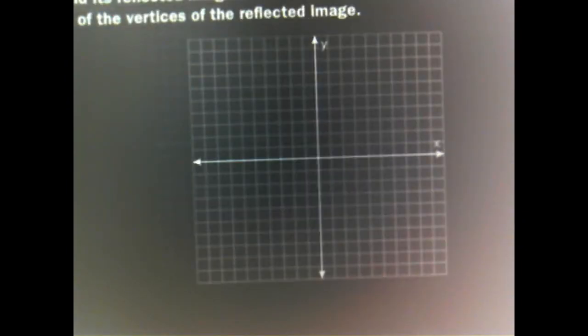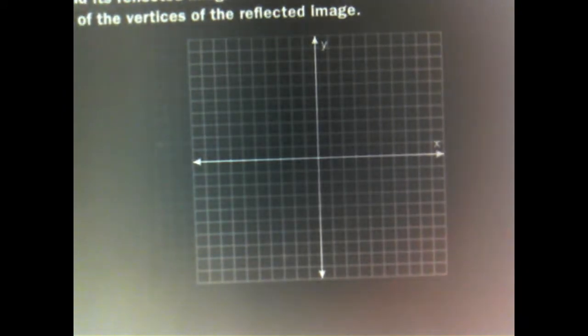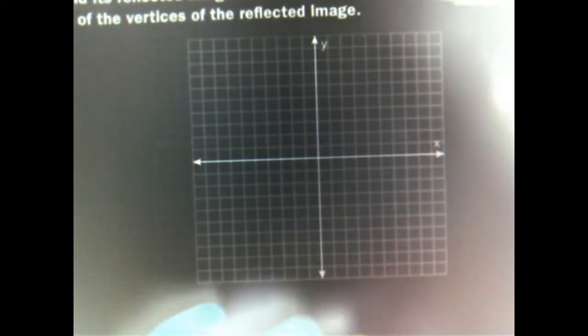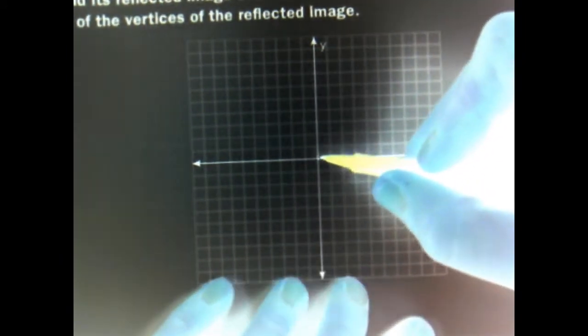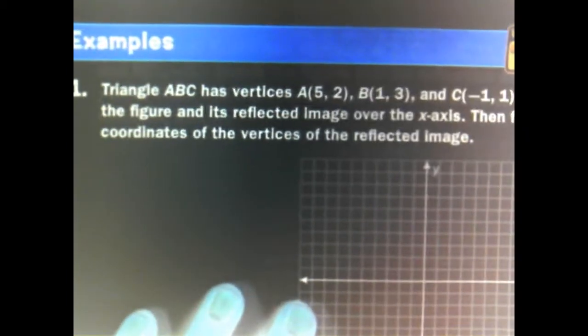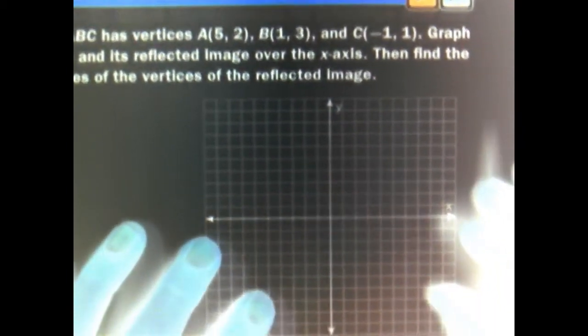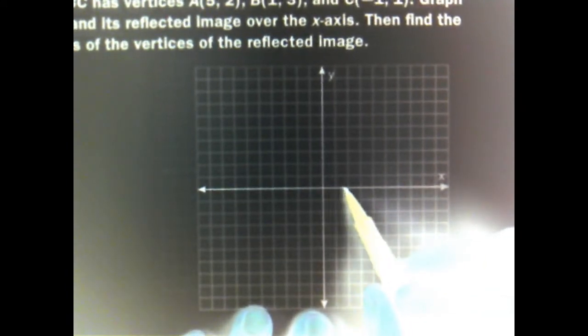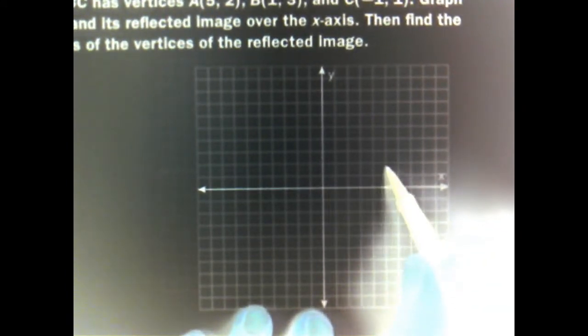So, if we take a look at an example, it says triangle ABC has those vertices. Graph the figure and its reflected image over the x-axis, then find the coordinates of the vertices of the reflected image. Okay, so if we start by graphing A, which is (5, 2), there was the problem. (5, 2) for A, 1, 2, 3, 4, 5, 1, 2.